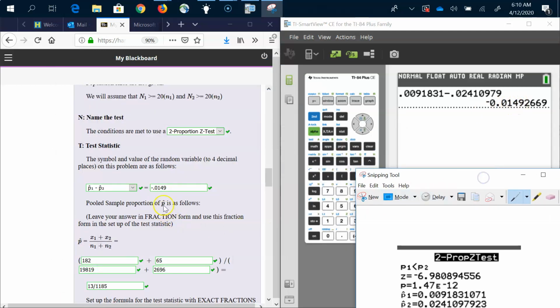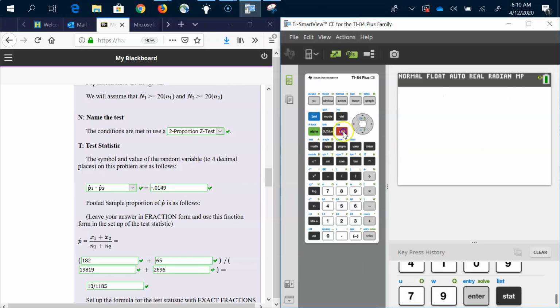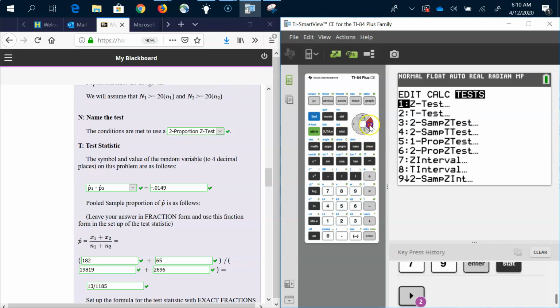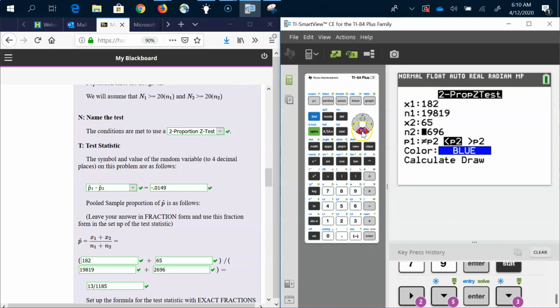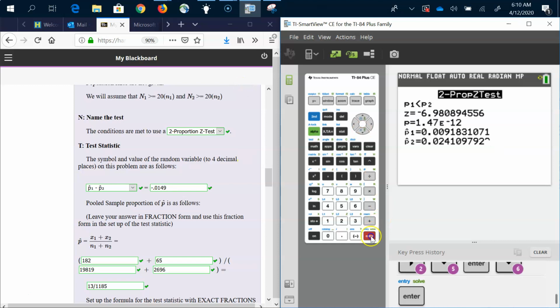So that's how I arrived at negative 0.0149. I subtracted the two sample proportions P1 hat and P2 hat. Unfortunately, you can't do this on your calculator screen and at the same time keep the image up there. So you might want to write these down separately and then do the calculation on your calculator.